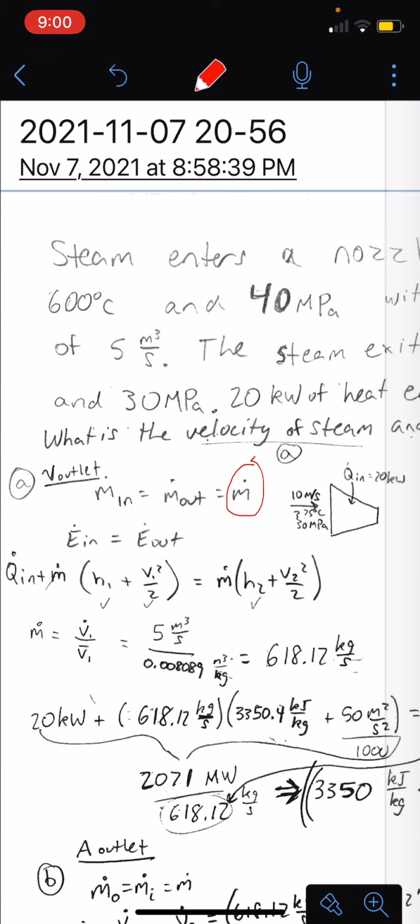So that would be the heat in plus the mass flow in times the specific enthalpy at state 1, plus the velocity of steam at the inlet squared over 2, and that is the kinetic energy. And that's equal to energy out, which is mass flow rate times the specific enthalpy at the outlet plus the velocity of steam at the outlet squared over 2.